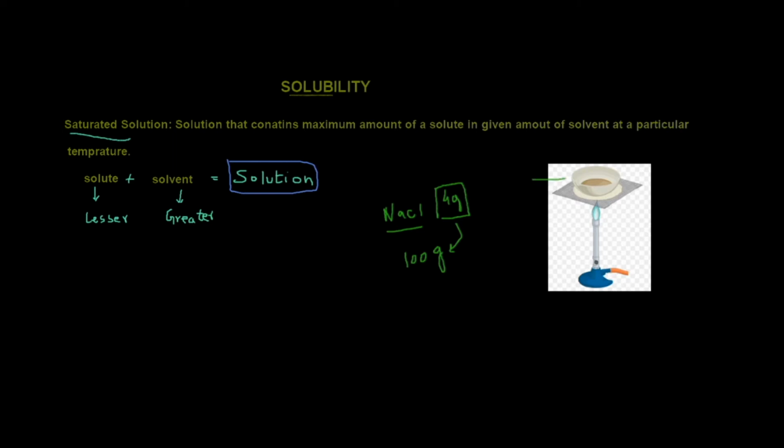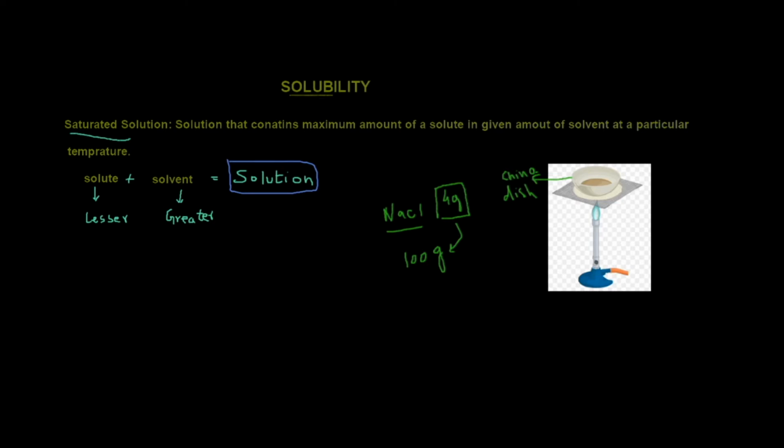As you can see, this is the china dish. Place the china dish on a Bunsen burner and heat it slowly.